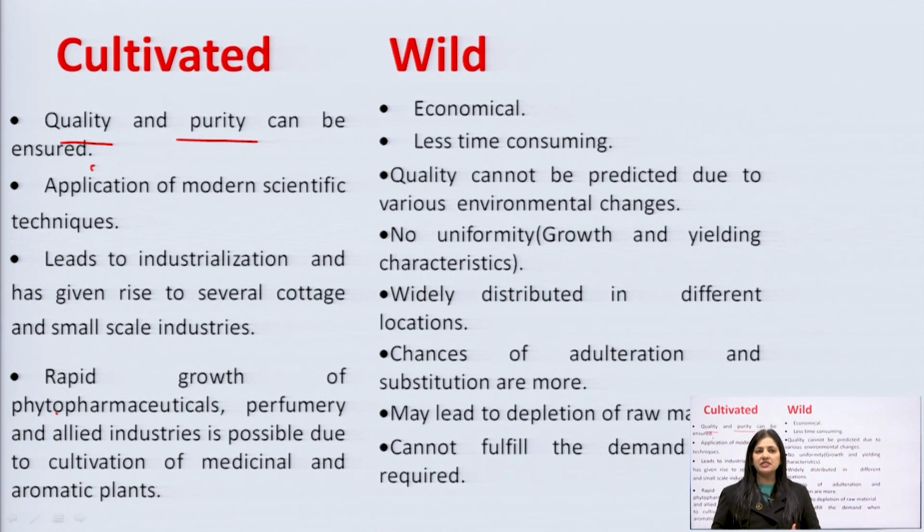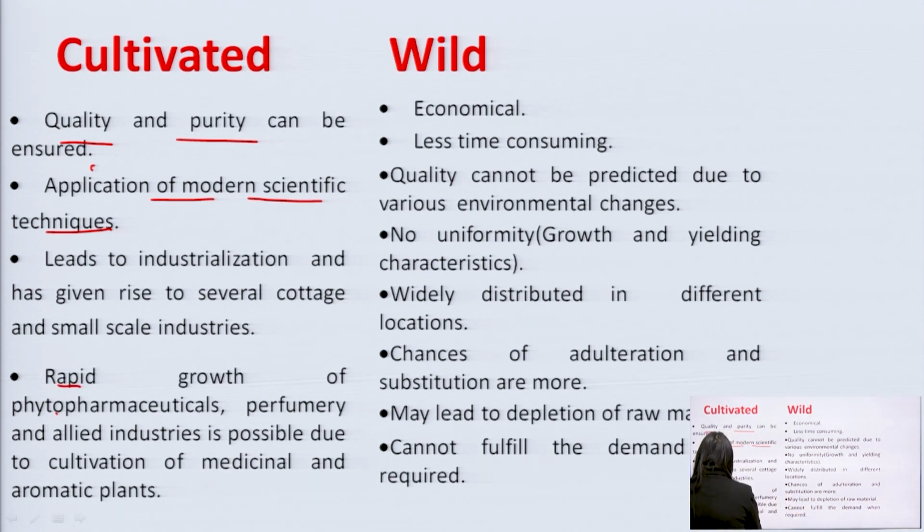So the purity and the quality of the plant product can be ensured. Other feature is that we can also apply modern scientific technique to this source. Besides that, it leads to industrialization and has given right to several cottage and small scale industries. The plants which we are growing at our own will, by our own methods, only then can be transferred to the industries, right?